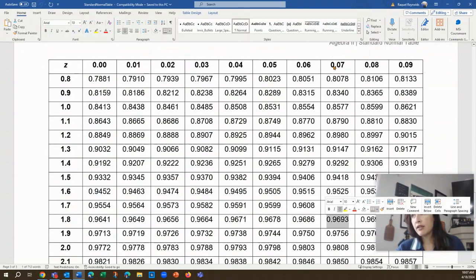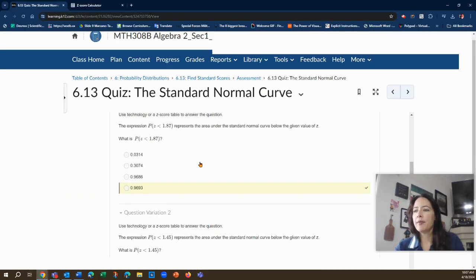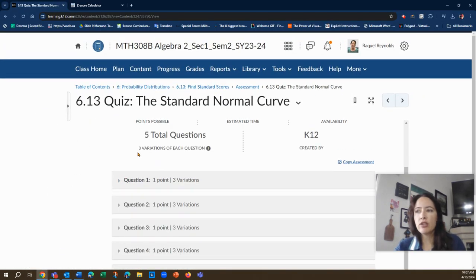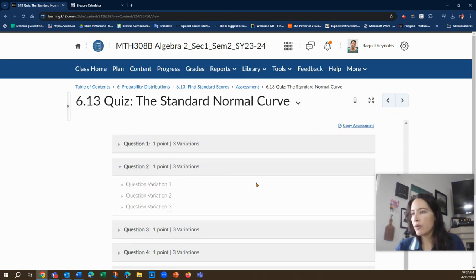There it is. That means whatever this represents, you have a very good likelihood that you'll be that score or smaller. So a 97% chance that whatever that's referring to, you'll be that amount or lower. Okay, that's question 1, whether you use the calculator or your table. Question 2.